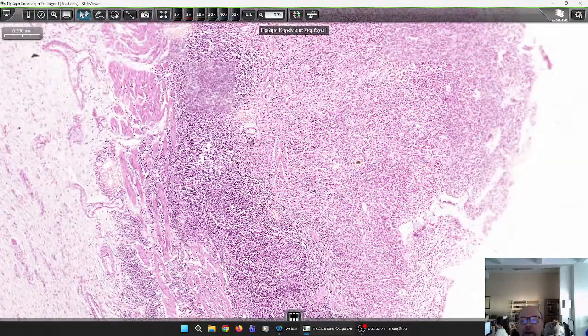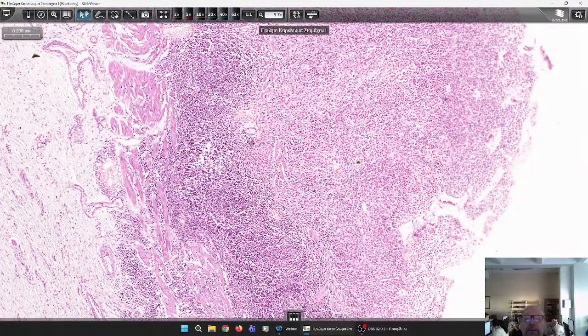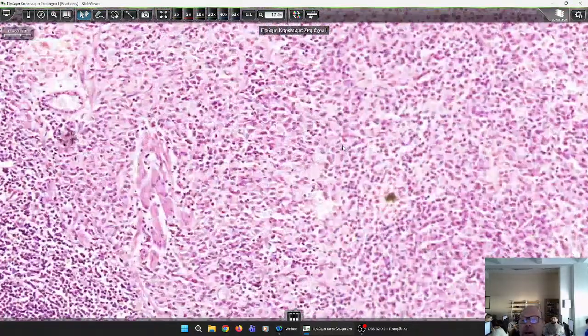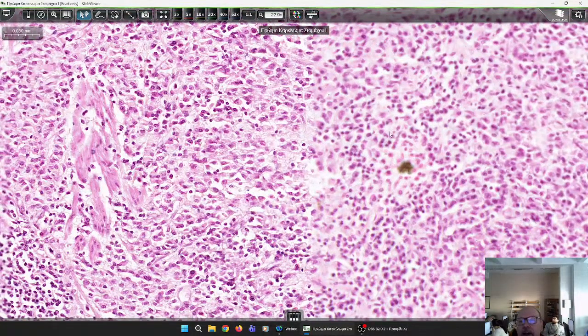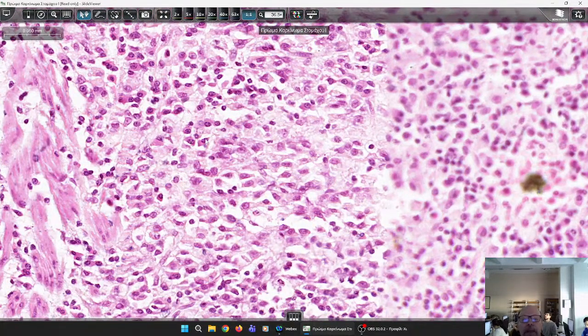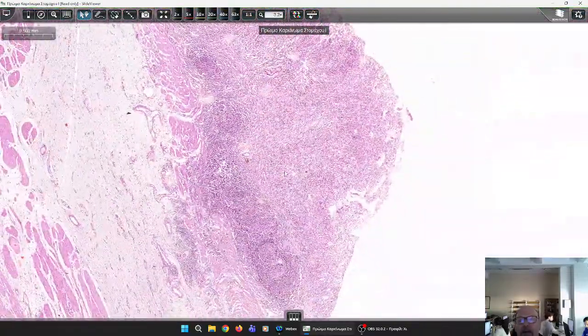You could think that this is atrophic gastritis. However, if you look very closely, you see that apart from the inflammatory cells, plasmacytes, there are some other cells which you cannot tell what they are.